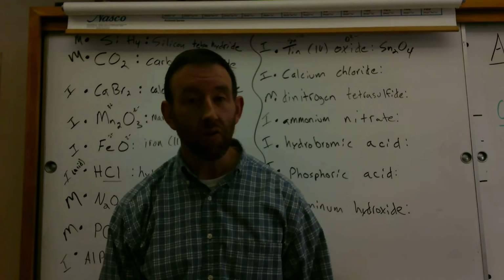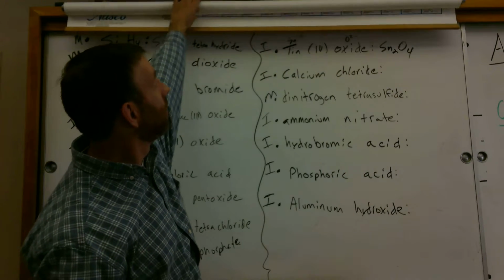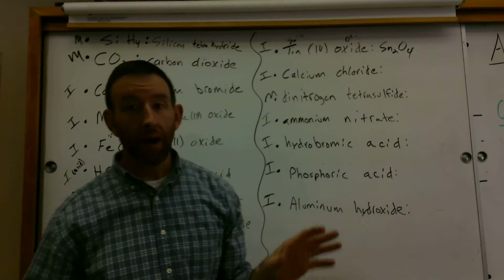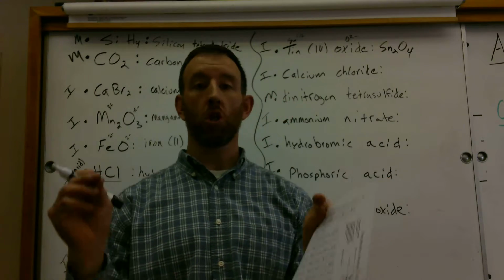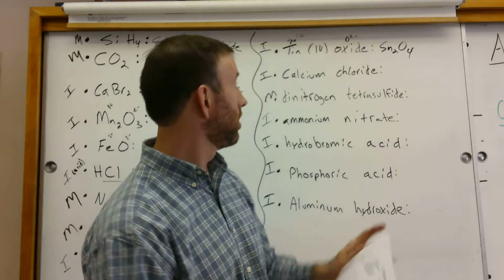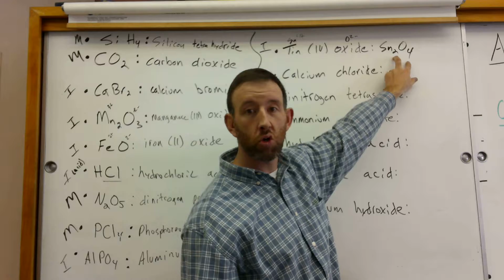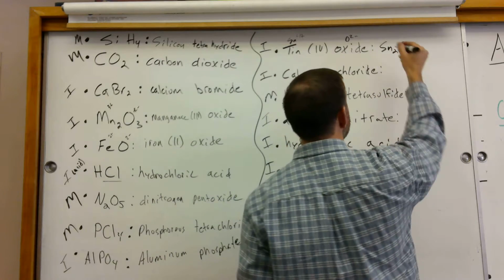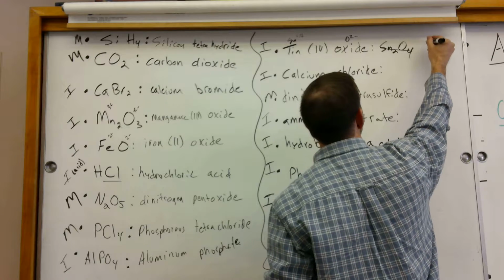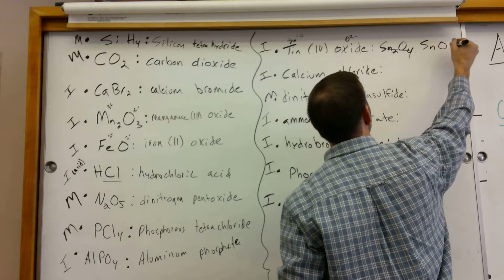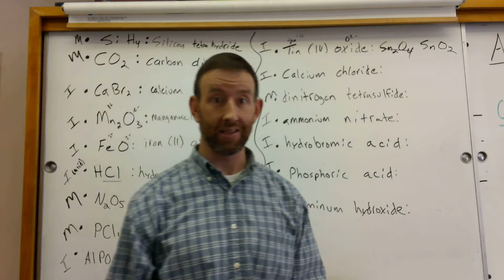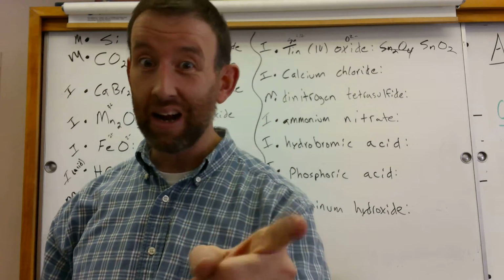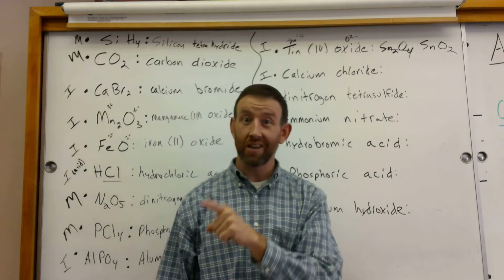That is incorrect because my ionic compounds always go to the lowest whole number ratio. So a 2 to 4 ratio can be reduced to 1 to 2. All right, so that is incorrect. I'm just going to go with SnO2 in that case. All right, so be careful. There's going to be one like that on the test.